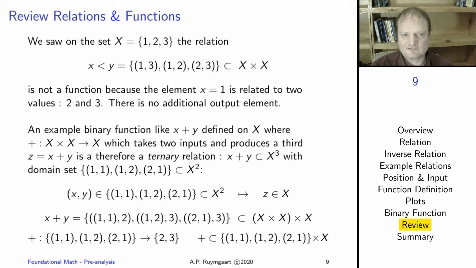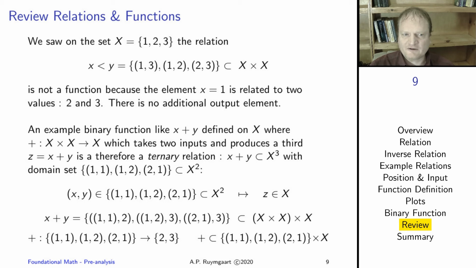And let's look at the bottom portion of the slide. Again, we're using here the maps to notation, so we have an input element mapping to an output element. In this case, our input elements are the ordered pairs x, y, which are a subset of the Cartesian product X times X, mapping to a single output element z in X. What we're doing here in addition is defining our input, our domain of our function, as a specific subset of the Cartesian product of X with itself.